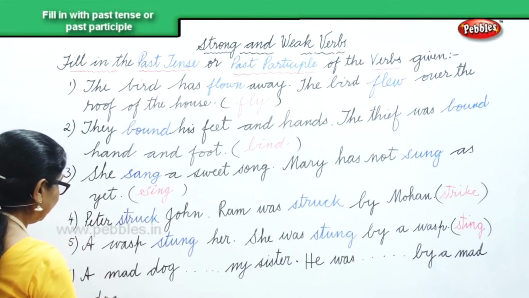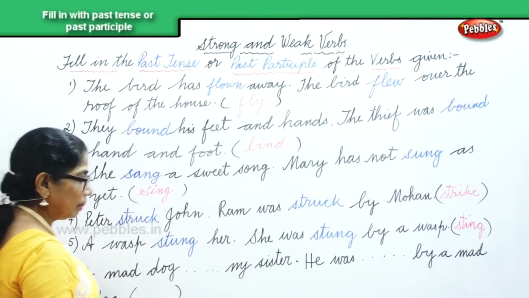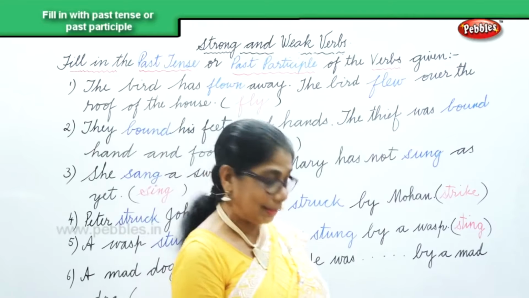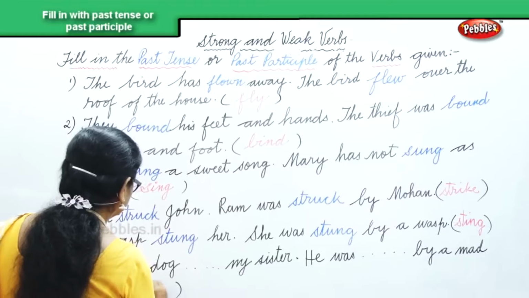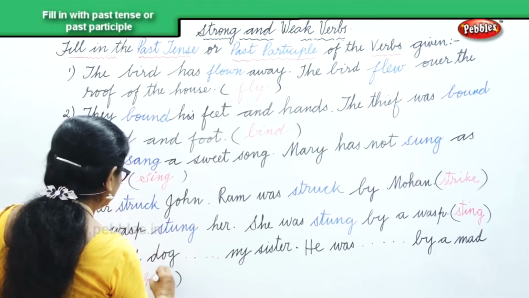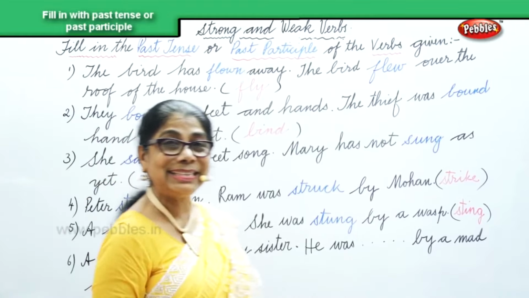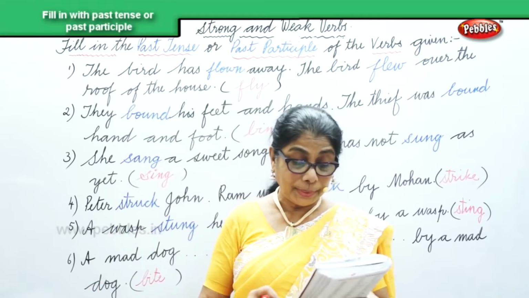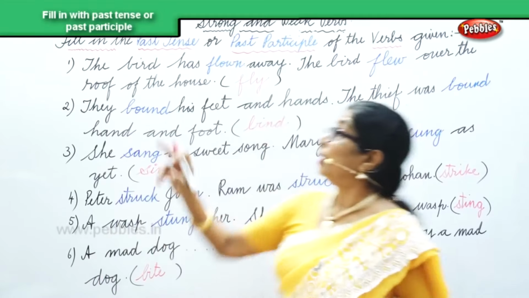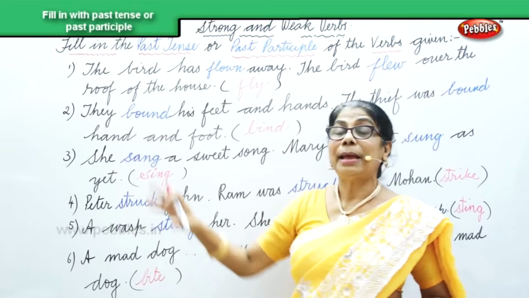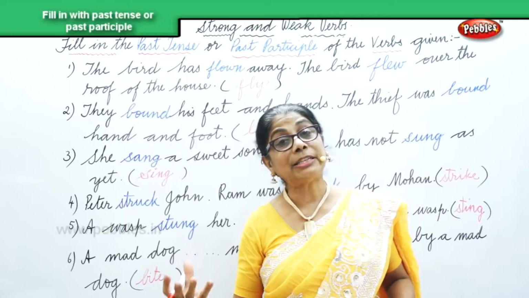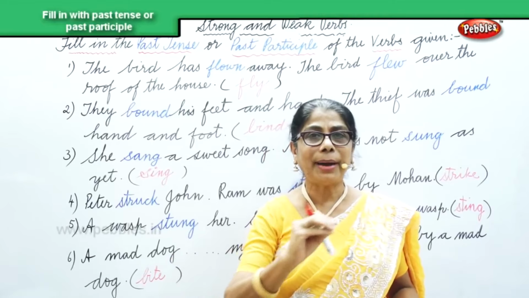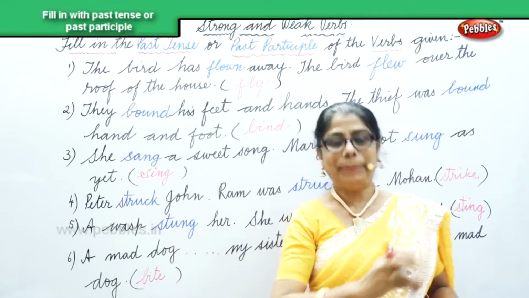And the verb given to us is bite. Bite is present tense, and the past is bit. In the past participle, it is bitten. Bite, bit, bitten.